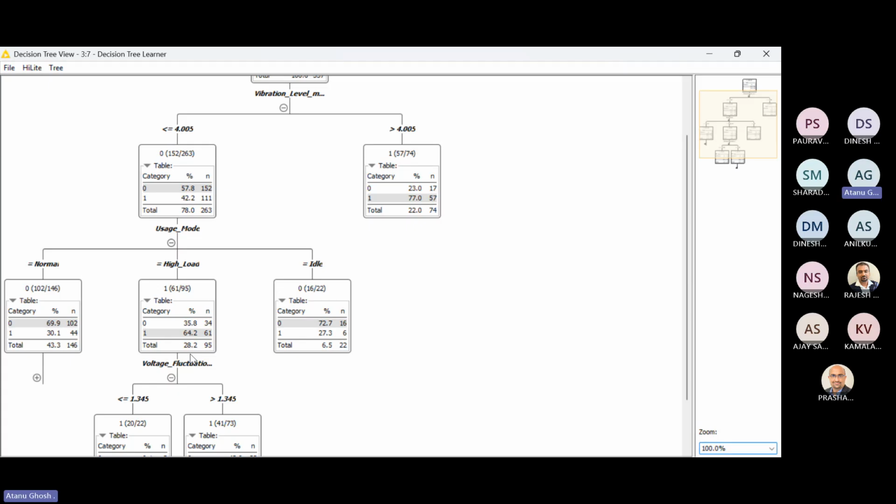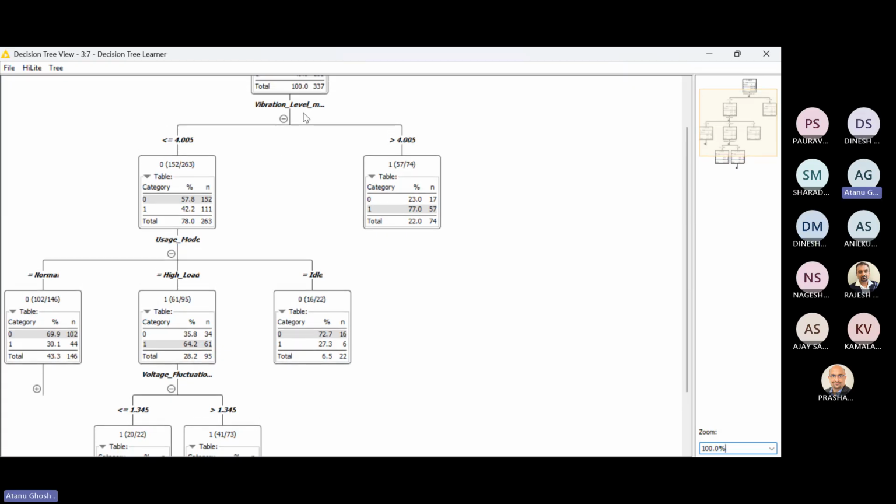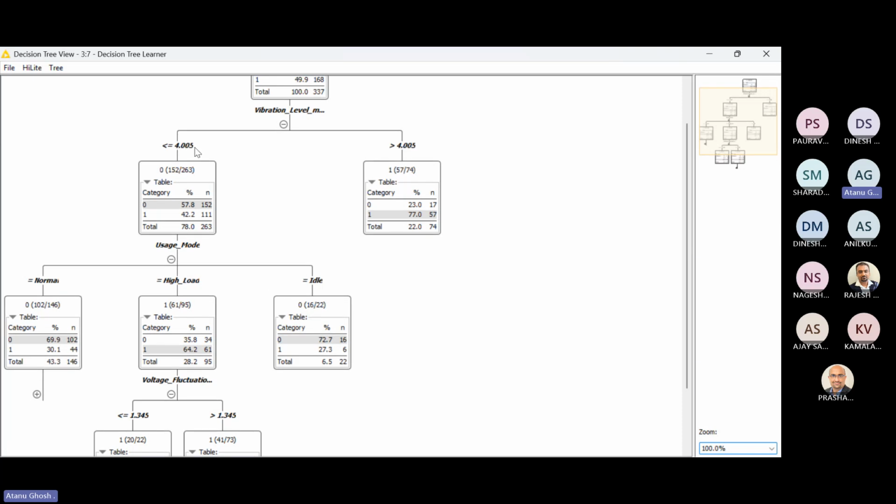So far correct? So far understood? Yes or no? Sir, yes. What is this total it is showing? Total is the total number of observations in this node. That means where the vibration level is less than 4.005, there are 263 observations. What is this 78%?